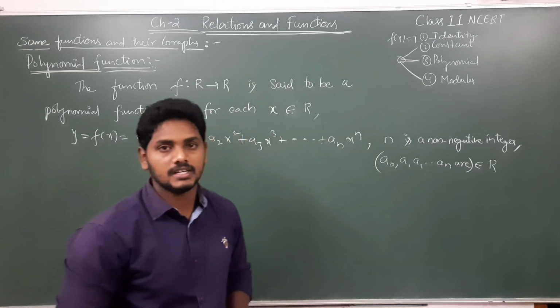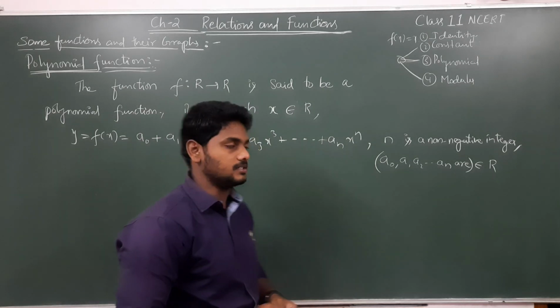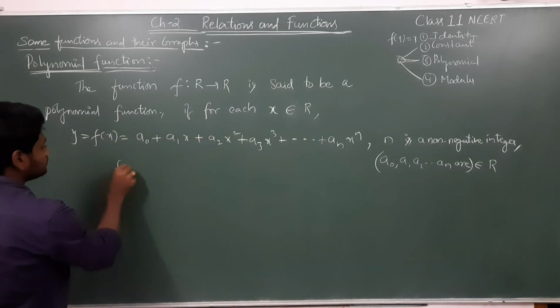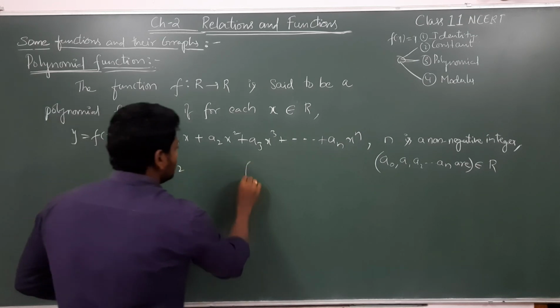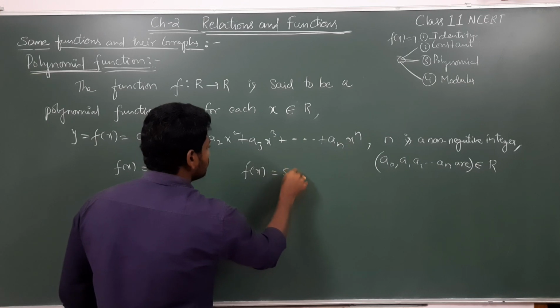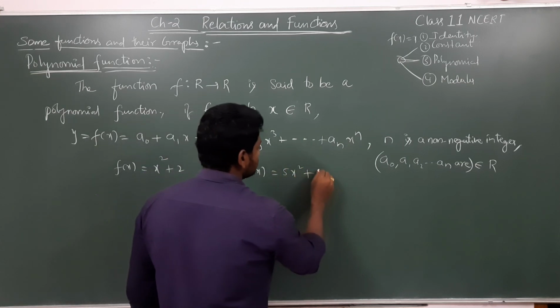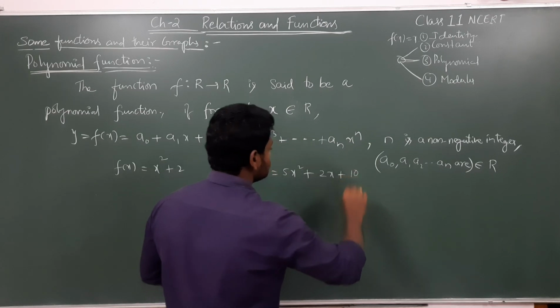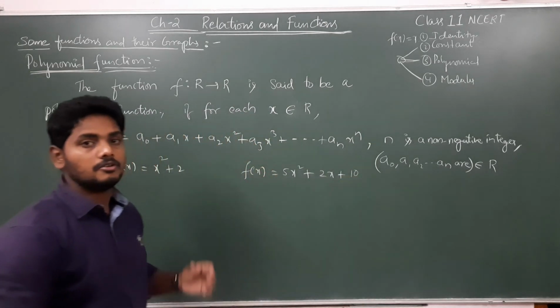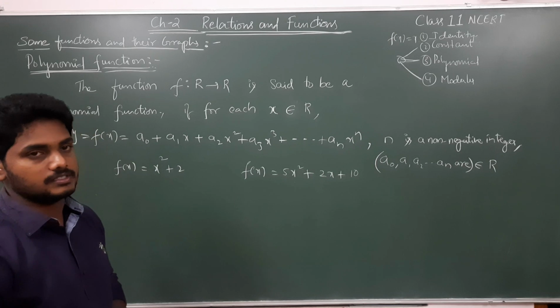This type of function we consider as polynomial functions. Examples are f of x equal to x square plus 2, f of x equal to 5x square plus 2x plus 10.